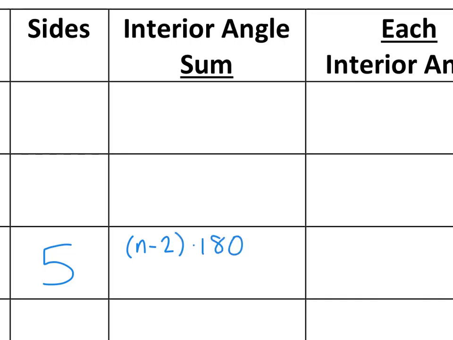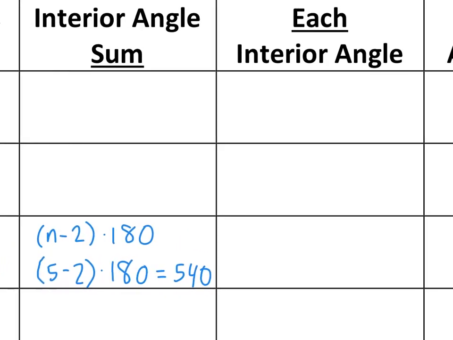So n is the number of sides of the polygon. Since we are working with a pentagon, it has 5 sides, this becomes 5 minus 2 times 180. And 5 minus 2 times 180 is 3 times 180, which is 540 degrees.